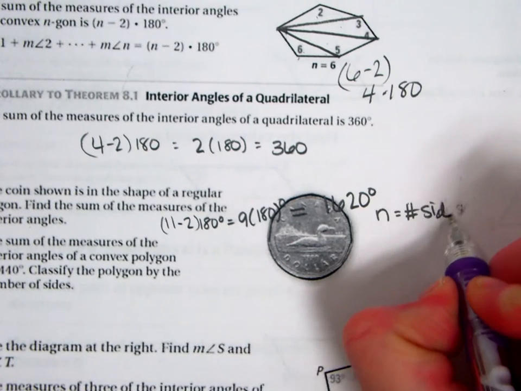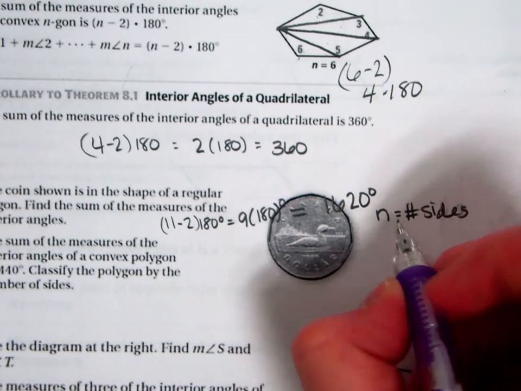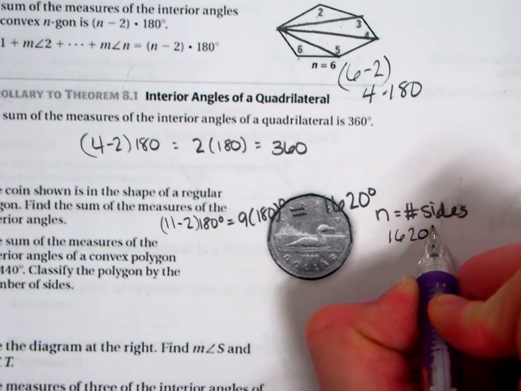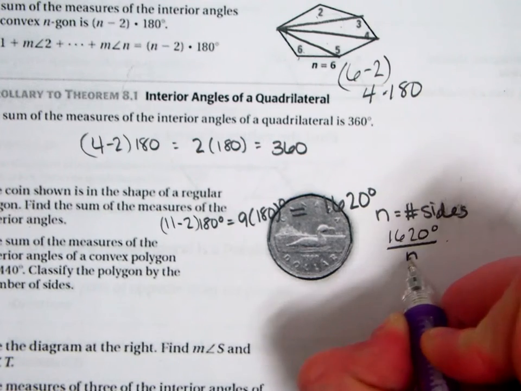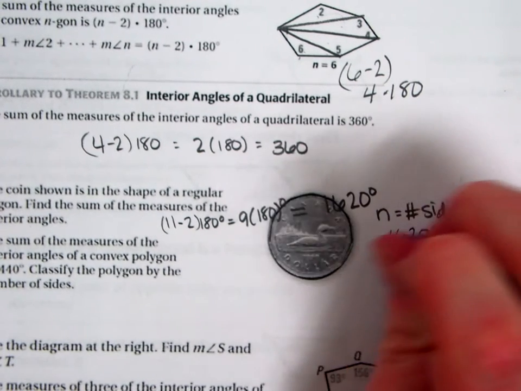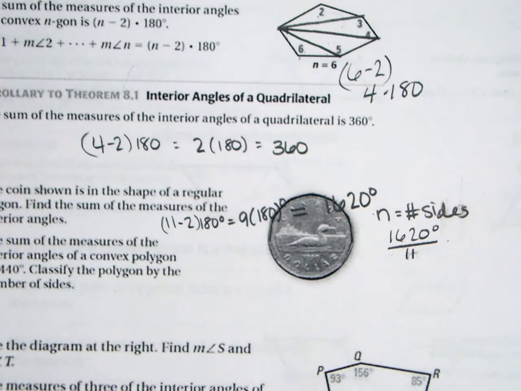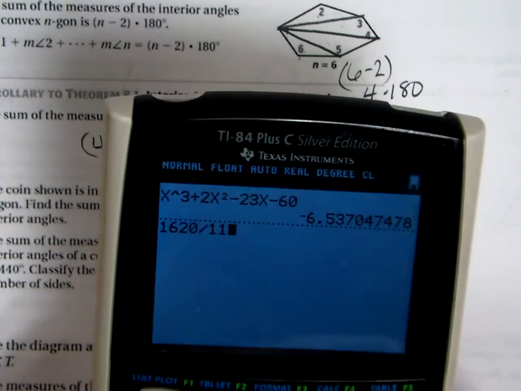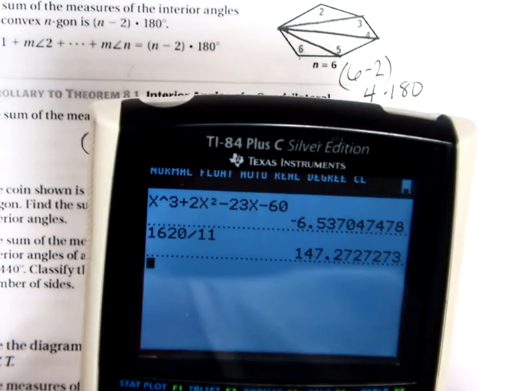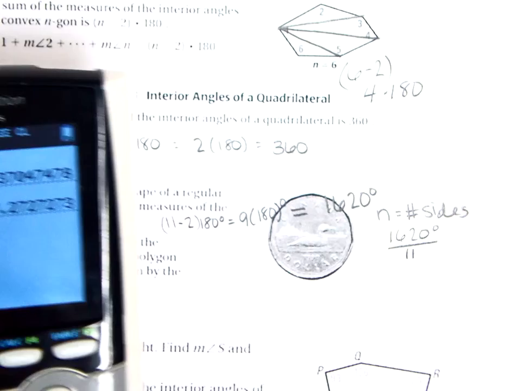They're all equal because it's regular, so you take 1620 divided by 11. Let me grab a calculator. Type it in, enter, and we get 147.27.